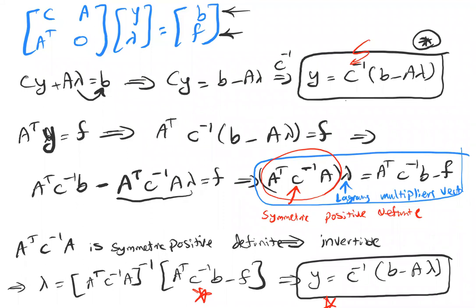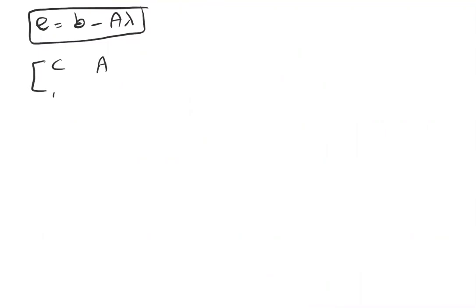There is an equivalent system of equations for this. Let's define E to be B minus A lambda. So given the simplifications that we did in the previous slide, we have C, A transpose, 0, Y lambda is equal to BF.